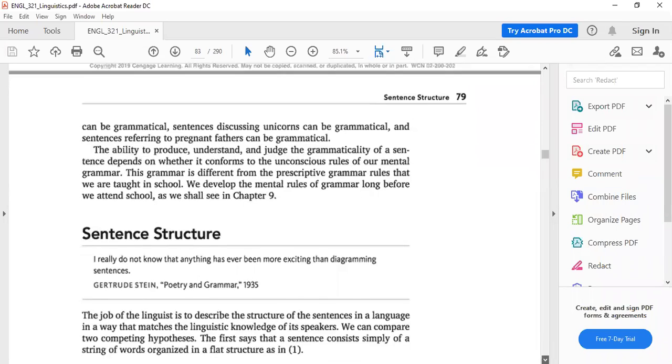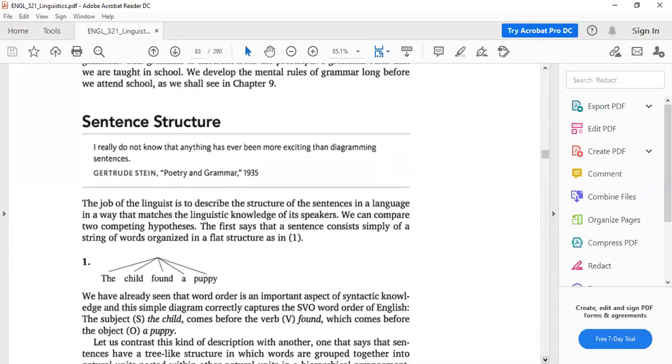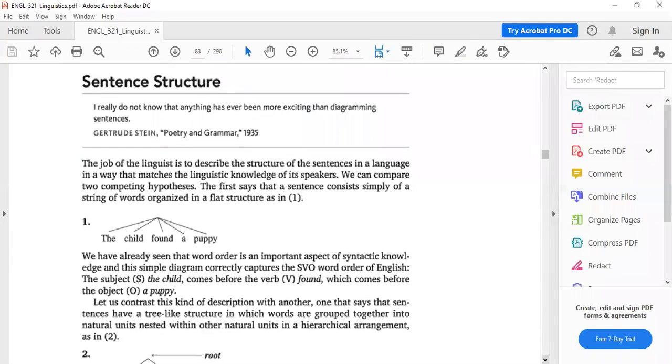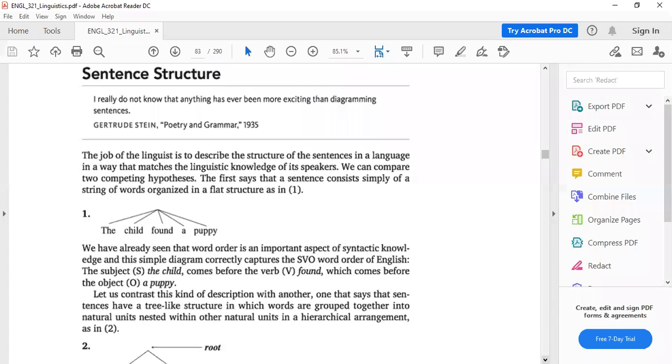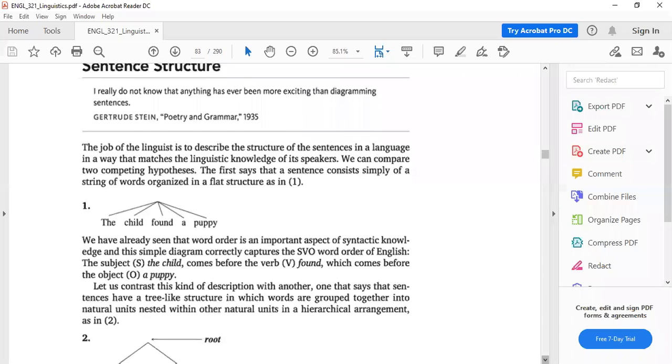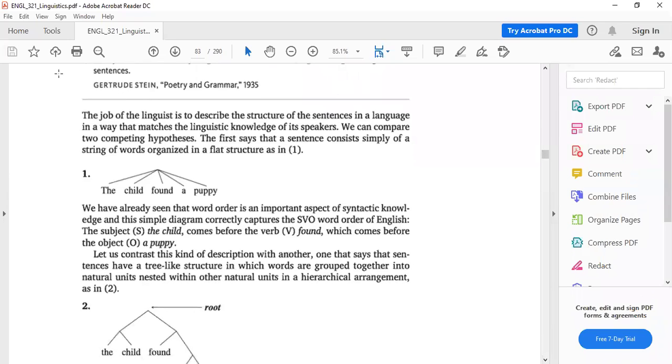Now, after talking about the syntactic rules, we need to study something about the sentence structure. Of course, the sentence has structure. A very nice sentence: the job of the linguist. The linguist is someone who is specialized in linguistics, someone who studies language scientifically. Like you, Doctor.